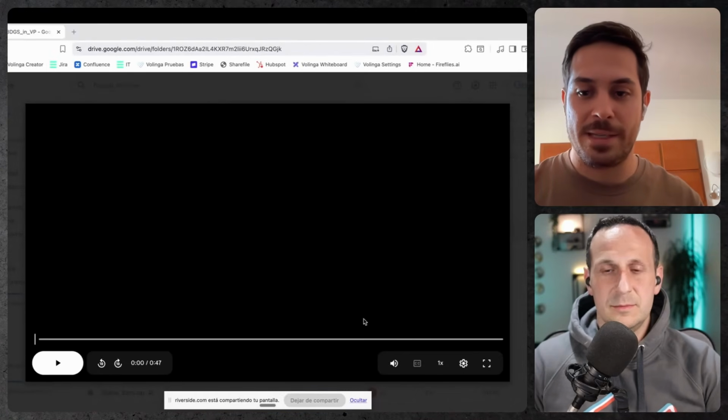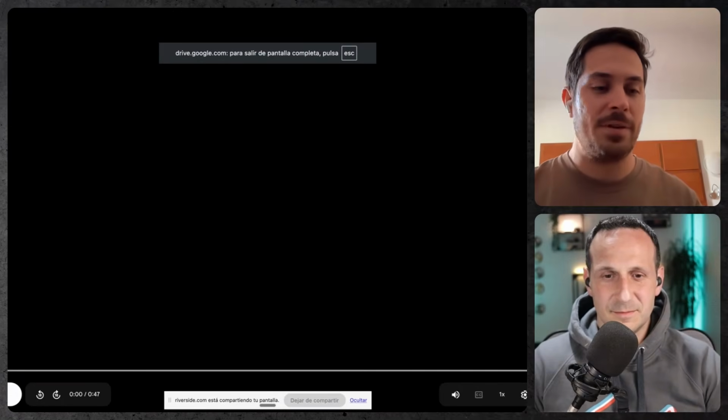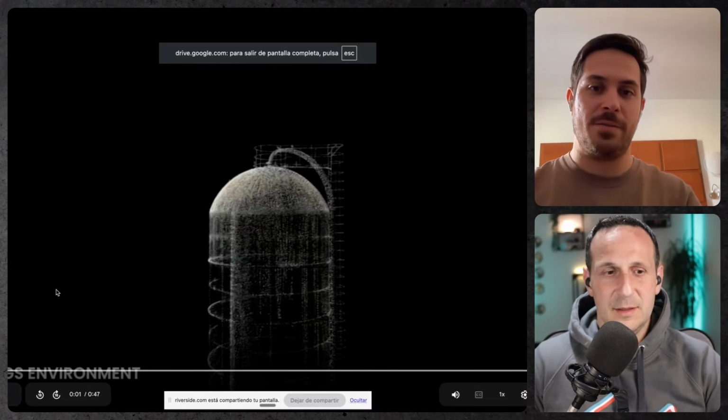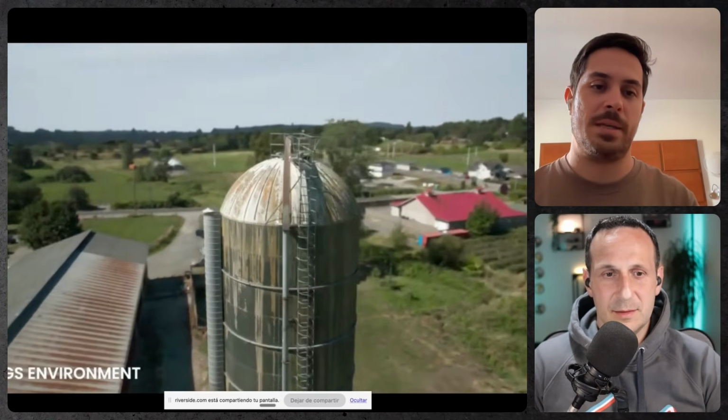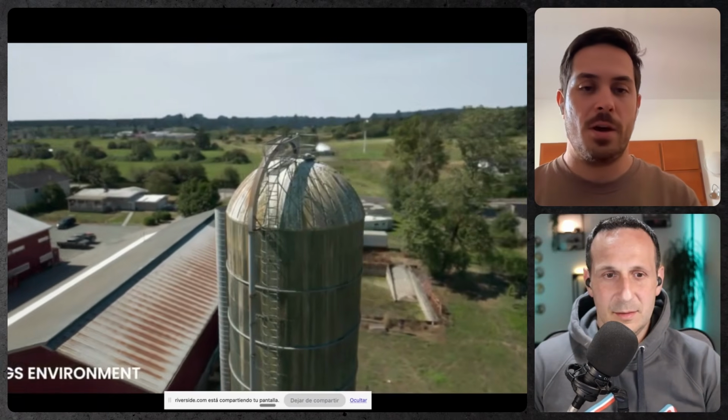And the problem is that shooting on top of the silo was very costly and dangerous at the same time, because they have to build all the scaffold around the silo to shoot, and also the actors have to be there.